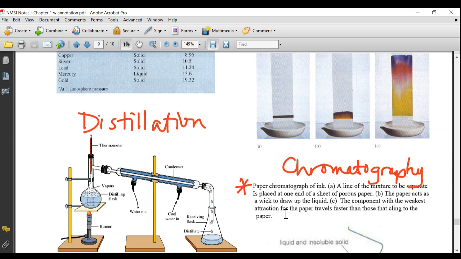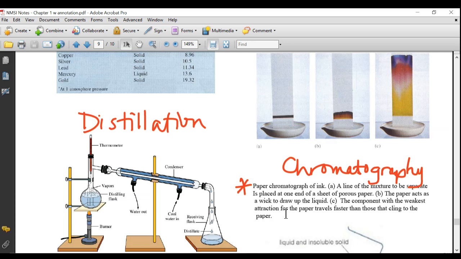And keep in mind that what I have starred there is really important. We're separating that mixture of inks based on differences in attraction of the ink to the paper, which is called the stationary phase, and attraction to the liquid phase, which is like the water potentially that is moving and wicking up the paper.